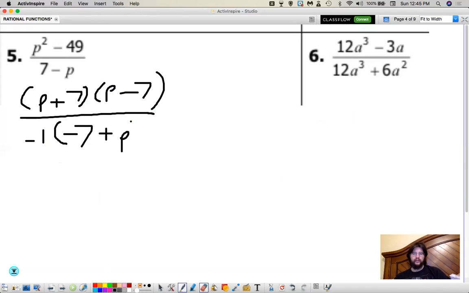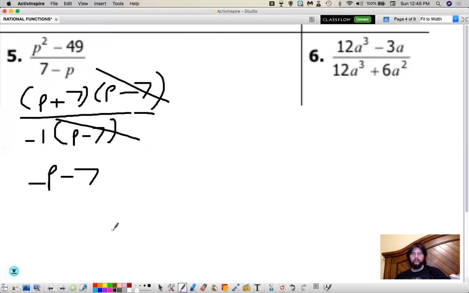So I'm going to go ahead and rearrange it. If you factor out a negative 1, it will change the sign. I like to put the p first because that's just standard. So that's going to be a positive p and a negative 7. Now we can easily see that these do cancel. We're dividing p plus 7 by negative 1. Well, that's just going to change our signs. So that's p over negative 1 and 7 over negative 1. So that's negative p minus 7. That's it.